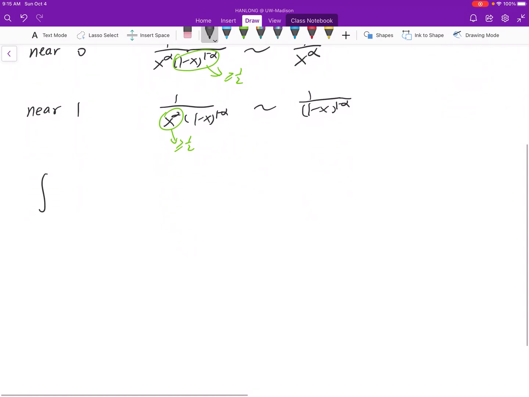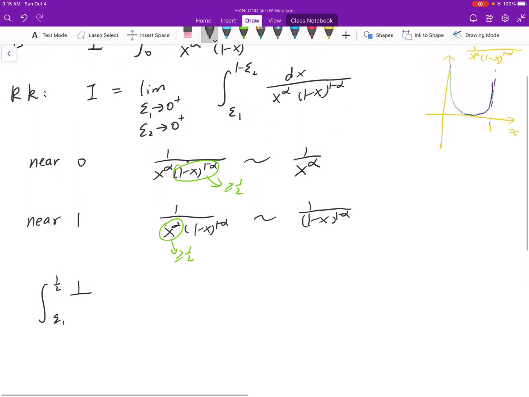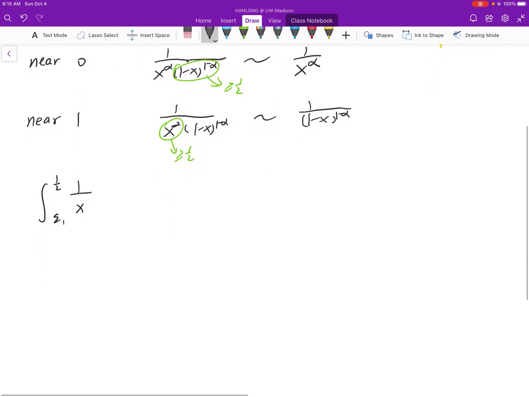Then near 0, for example, let's do the integral from epsilon 1 to 1/2 of 1 over x to the alpha.